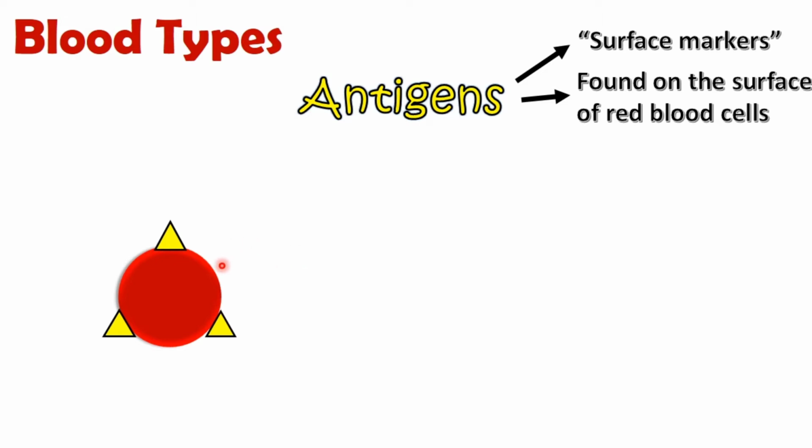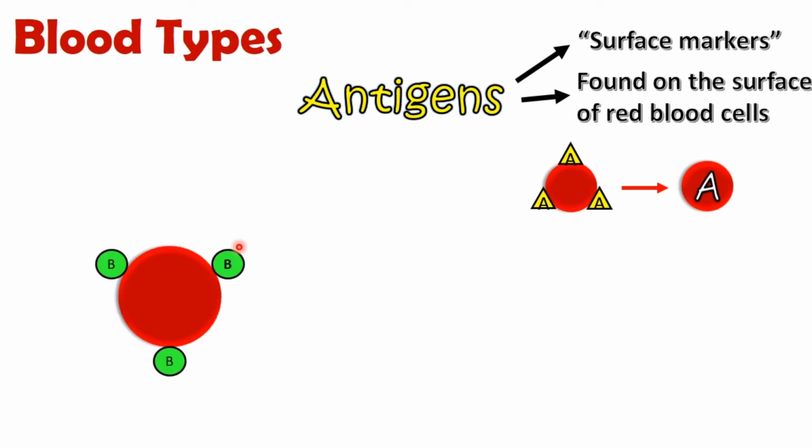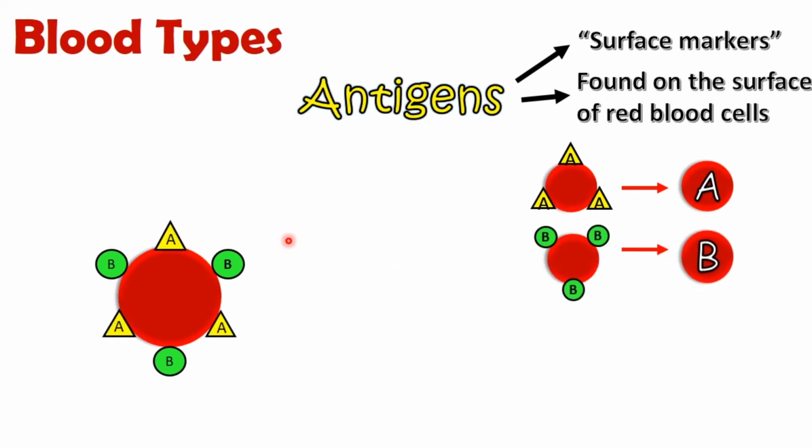So if you have A antigens, it means that you have blood type A, and if you have B antigens, it means that you have blood type B. And if there are both antigens, A and B, it means that your blood is AB.